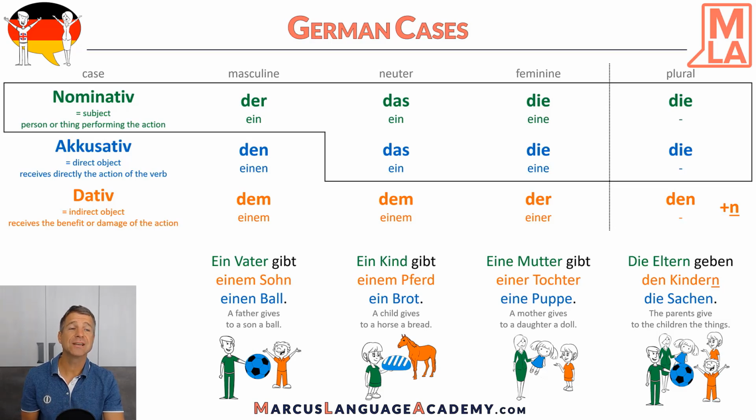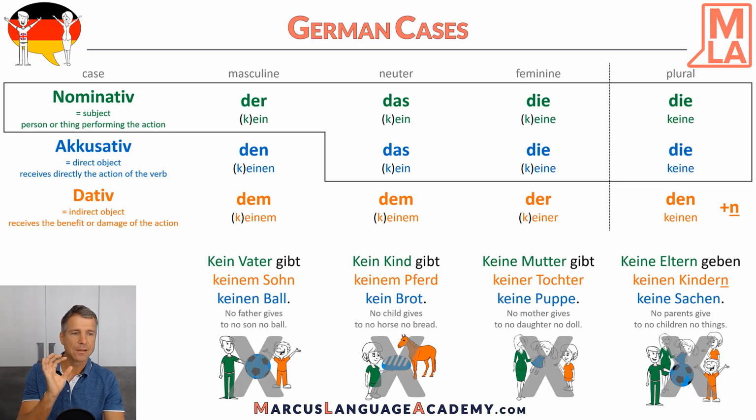And in plural, actually there is no indefinite article, but we could say keine. No? We could say keine Eltern geben keinen Kindern keine Sachen. So no parents give to no children no things.